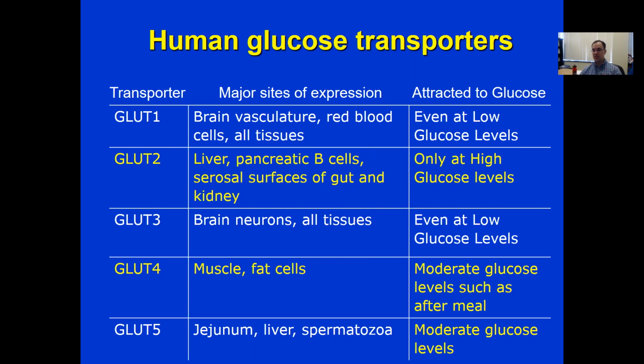So you have this tiering system based on the glucose levels. And this ensures that the tissues that need it most, even at lower glucose levels, will receive it. And then as glucose levels rise, other tissues will start to receive the glucose as well.